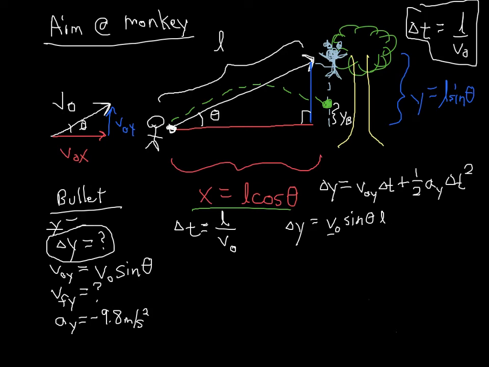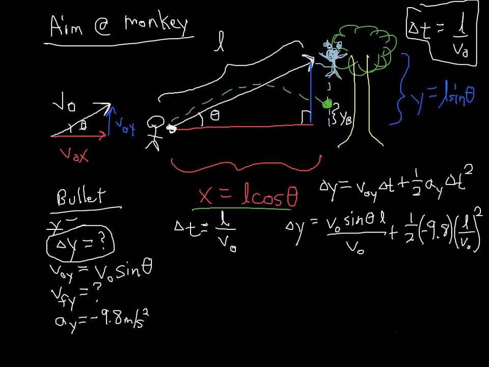L divided by V0 plus a 1/2 times my A. My acceleration, my A, is negative 9.8 meters per second squared. So I plug that in, negative 9.8 times my change in time squared, L over V naught squared.